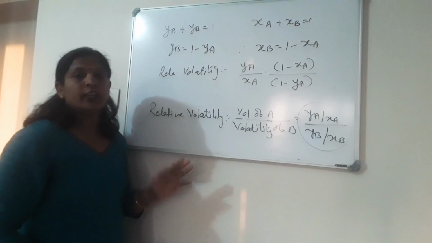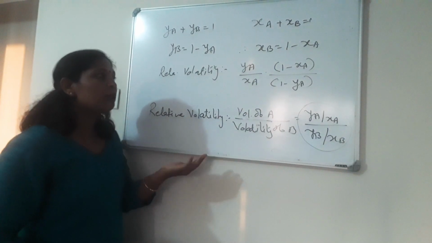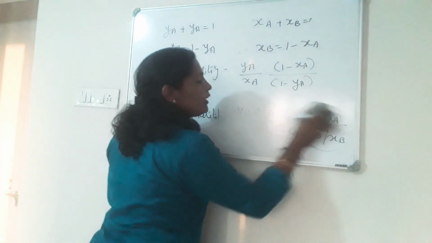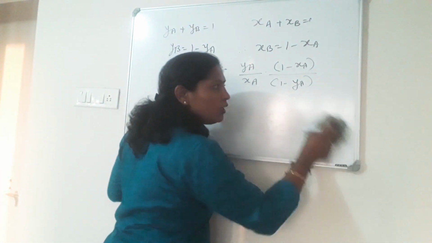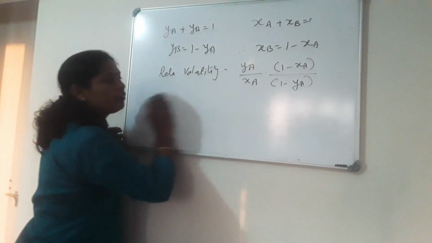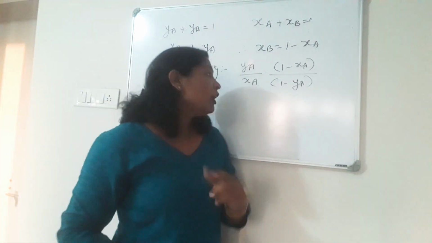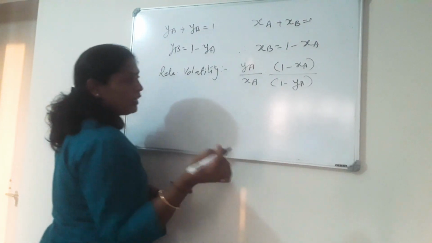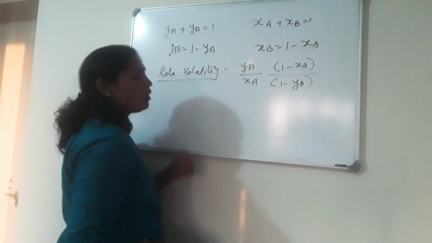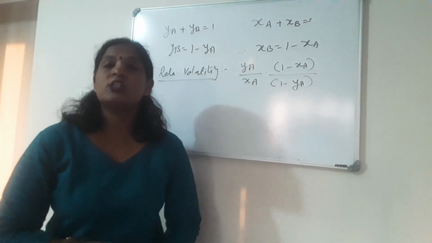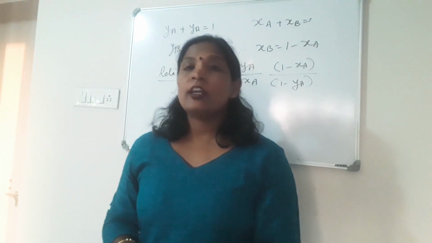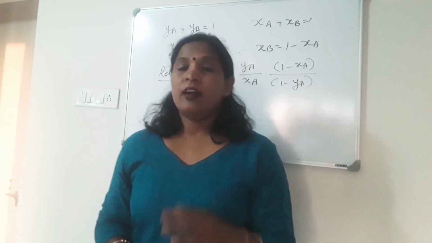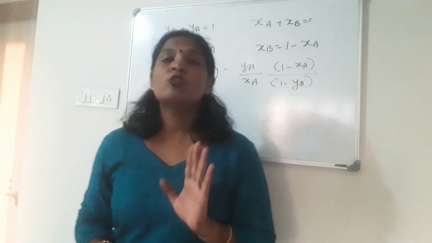This relative volatility gives us idea whether the component will be separated using distillation or not. If relative volatility is nearly 1 or equal to 1, there is no chance of good separation using distillation. In that case, we have to go for another unit operation like extraction. For example, we are having a mixture of acetic acid and water which we cannot separate by distillation. Why? The boiling points are very near and that's why we cannot separate them using distillation.